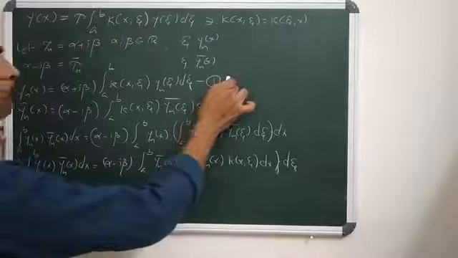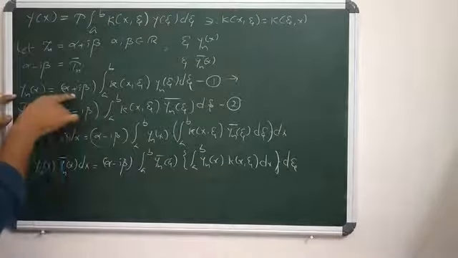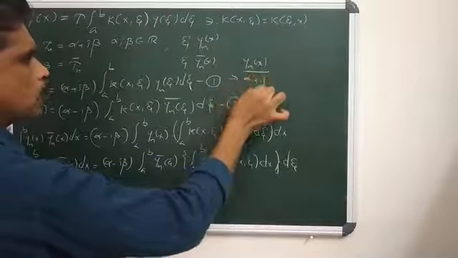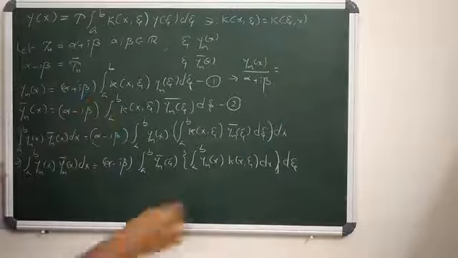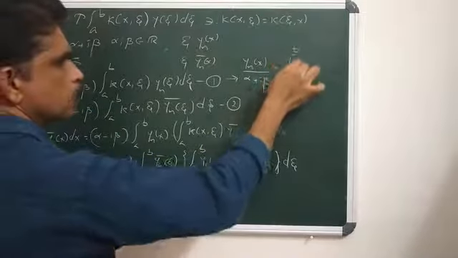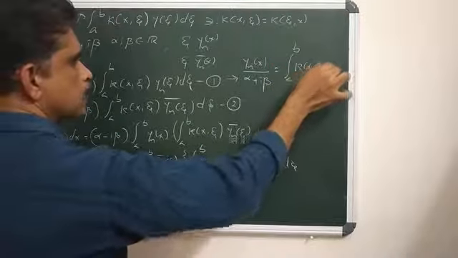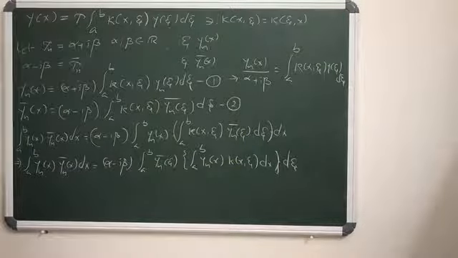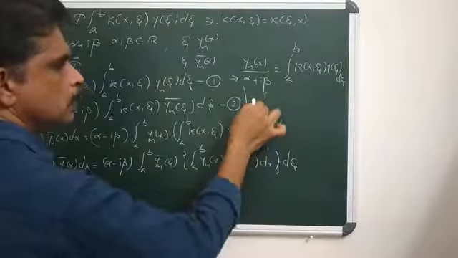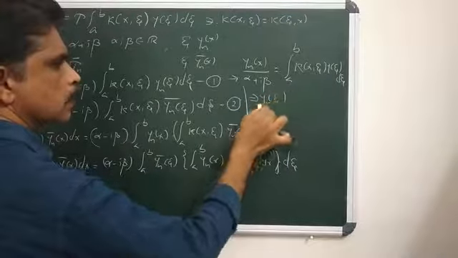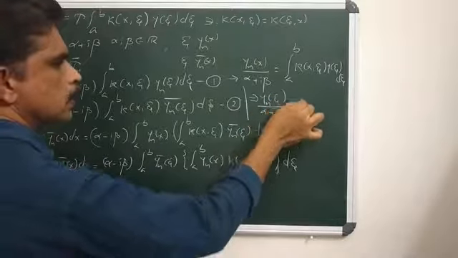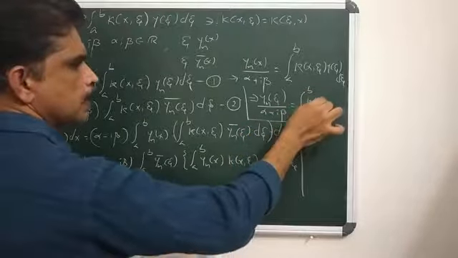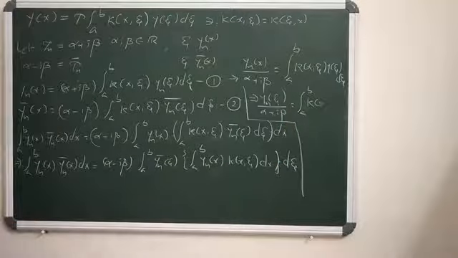From here, equation 1 gives yn(x) by (alpha plus i beta) equals the integral from a to b of k(x, theta) y(theta) d theta. Therefore, what is yn(theta)? From here we know that yn(theta) by (alpha plus i beta) equals the integral from a to b of k, where x and theta are interchanged.